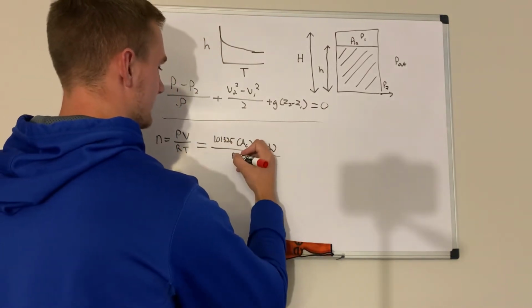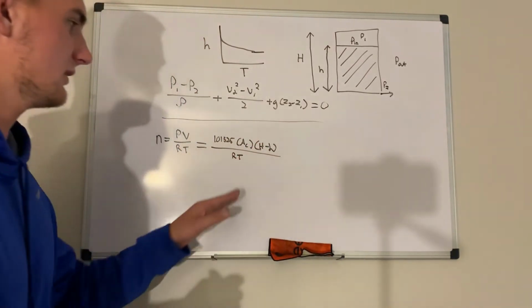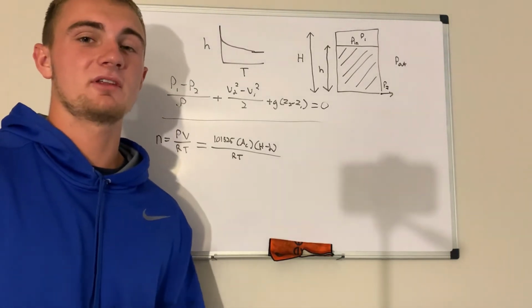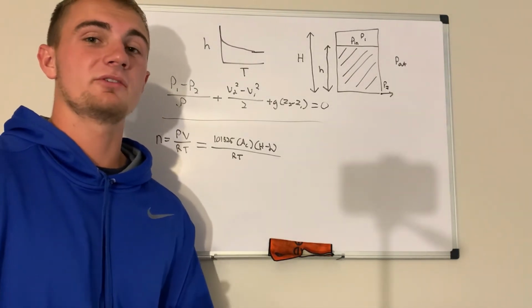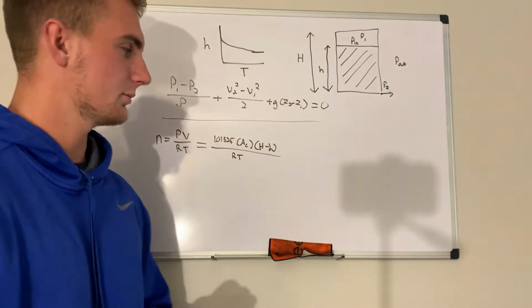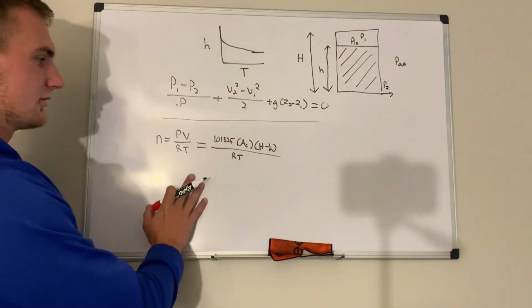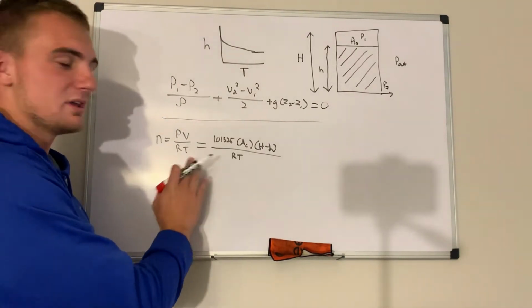And this will all be over RT. And here we will say that temperature is constant throughout this process, just to keep the calculation simpler. So from here we can get to our P1.